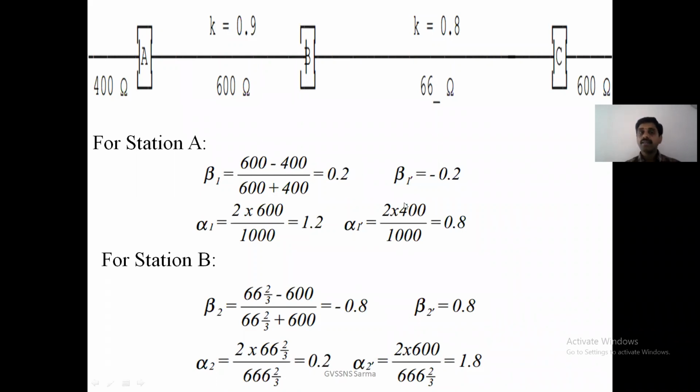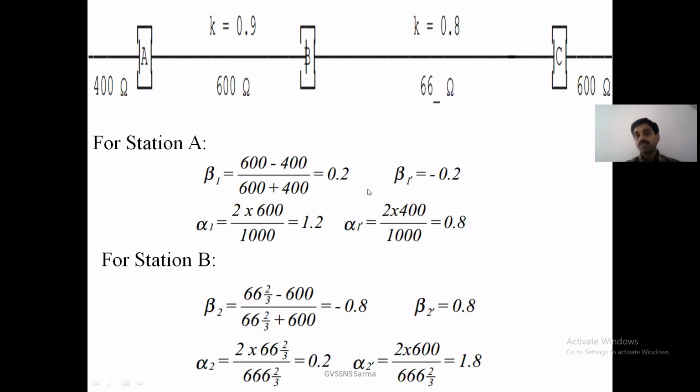And the reflection coefficient in the opposite direction is minus 0.2. What is alpha 1? Alpha 1 is equal to 2 Z2 by (Z1 plus Z2), 1.2. What is alpha 1 dash? When it is coming from the other side, you take 2 into 400 by 1000, which is 0.8.